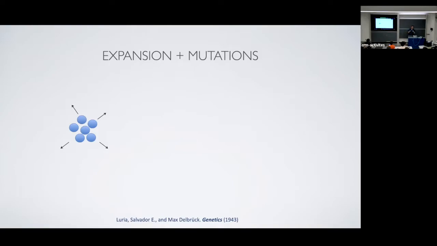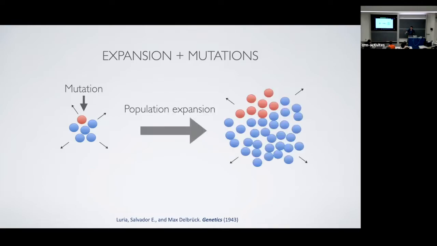So in his experiments, Luria grew bacterial populations from more or less one cell. And he realized if a mutation occurs during this expansion process very early, then a lot of mutants would be produced. For instance, here we have still a small population of just a few cells, and imagine one of them becomes a mutant, and now the population expands.